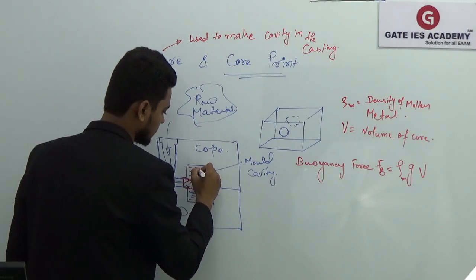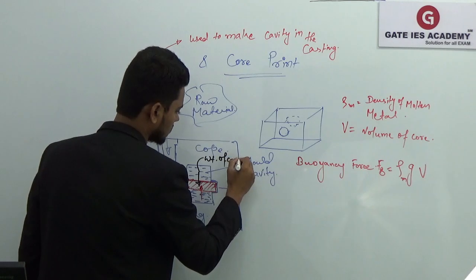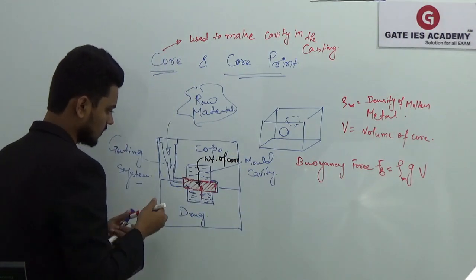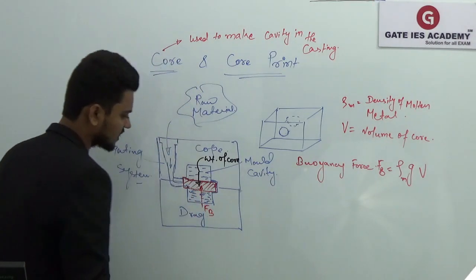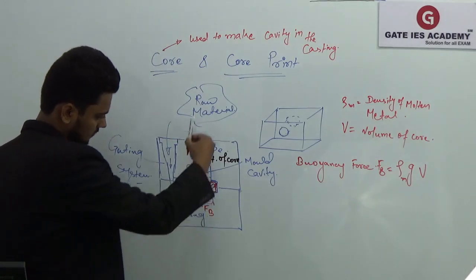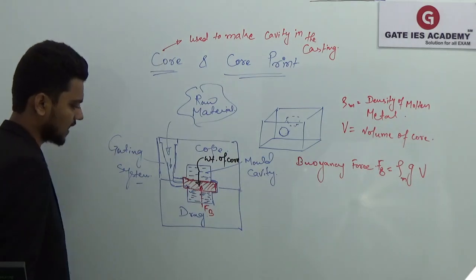So this is the weight of your core, and this is your FB, that is the buoyancy force that is acting on the core. At the same time, this core will have some weight which acts in the downward direction.